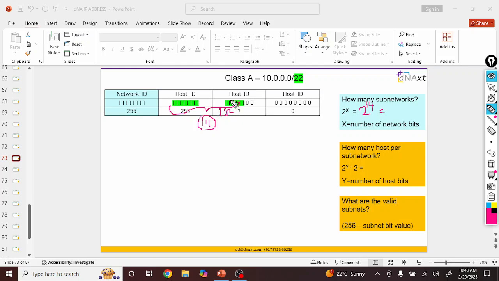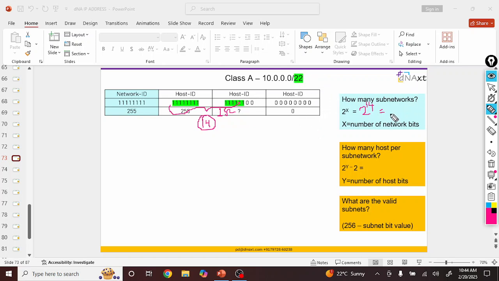That is 252.0. Since the last octet is purely host, all bits are host in the last octet, so they are set to 0 and hence the value in decimal will be 0. So 255.255.252.0 is the subnet mask for slash 22.